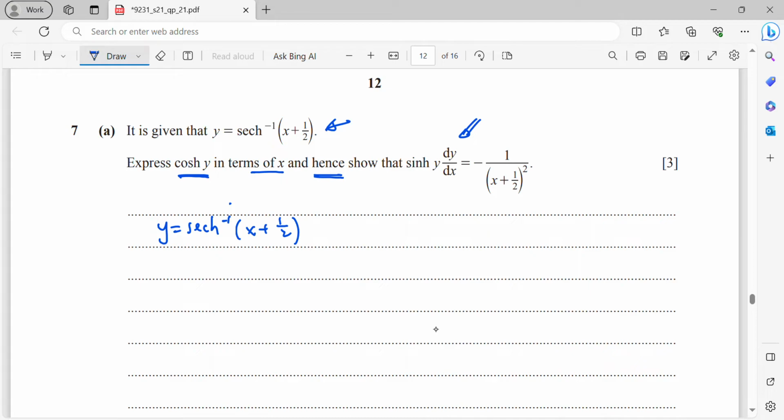The inverse moves to the other side and becomes hyperbolic secant y equals to x plus half. Okay, to eliminate the inverse, just move the hyperbolic secant to the left hand side. Then now I will change the hyperbolic secant y to cos y equals to x plus half. So in order to get cos y, this cos y moves up, the x plus half moves down.